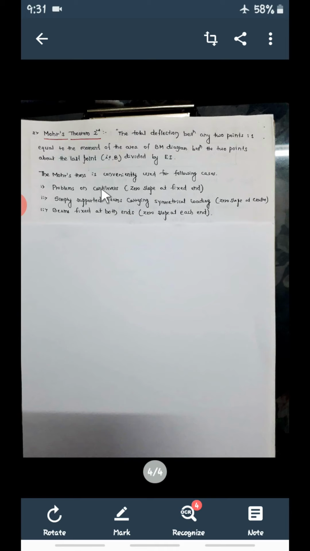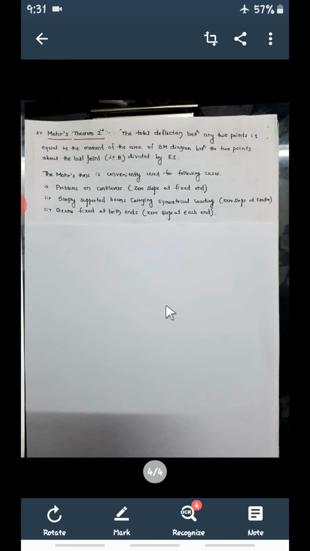Problems will be asked on cantilever beams and simply supported beams using this method, which is called the moment area method.